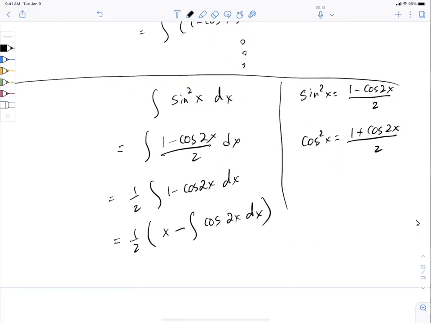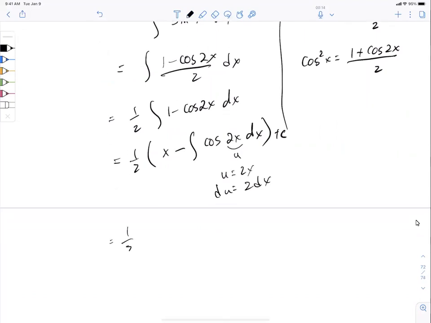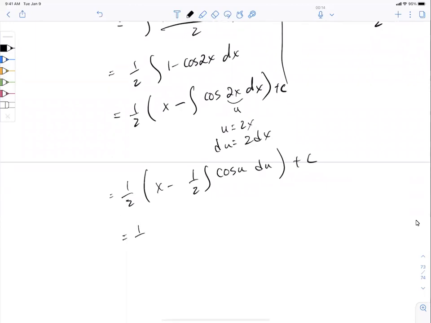Now I could have done this directly, but let me explain how I'm going to integrate cosine of 2x. I'm going to let u be 2x, du is 2 dx. So what I'm going to end up with is 1/2 integral of cosine of u du. And the integral of cosine is sine.